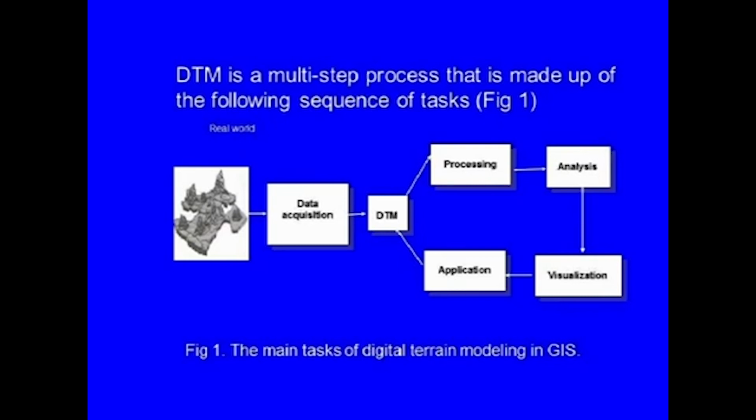Now, this DTM would be subjected to some form of processing. Thereafter, it would be subjected to some form of analysis, visualization and application. So, let us look at each of these processes which are involved in DTM.